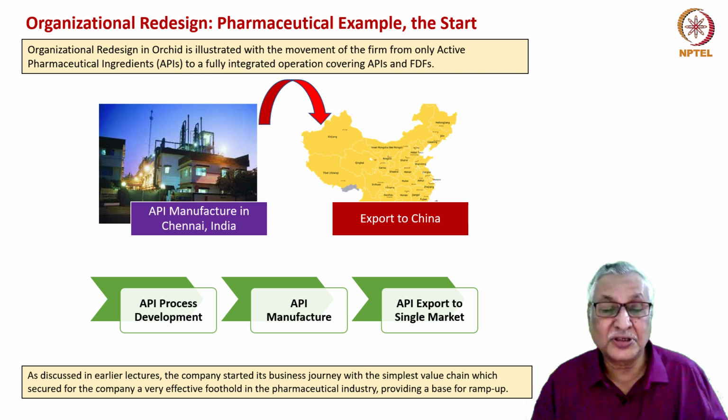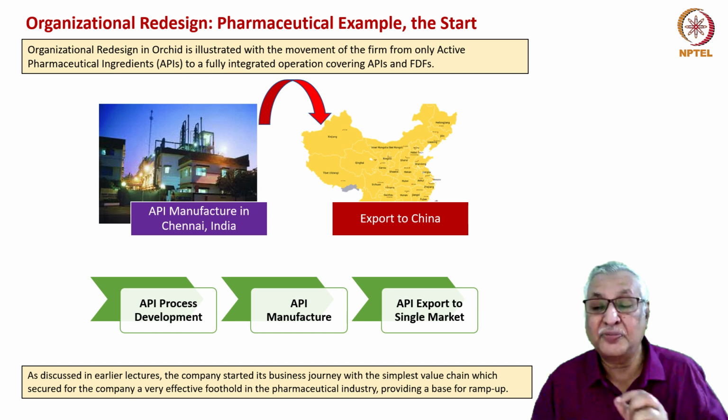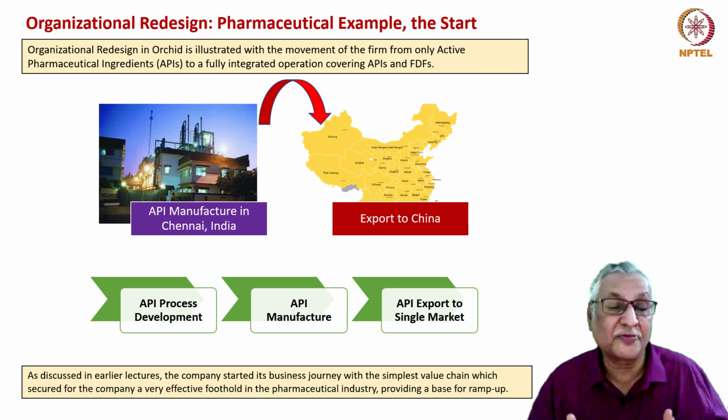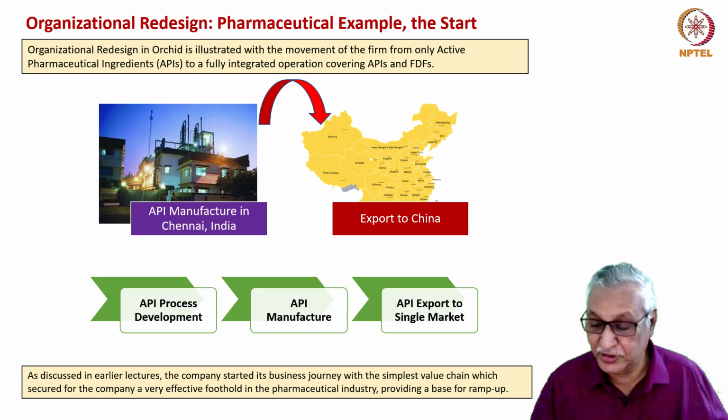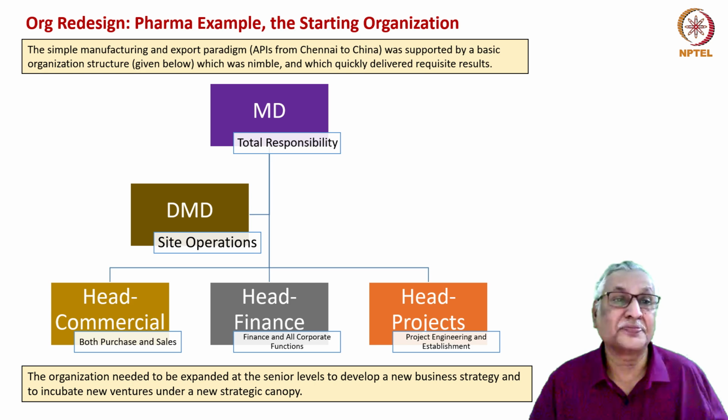API process development, API manufacture, and API export to a single market were, of course, the core basic foundations. However, this simple value chain has been transformed into a huge value map, so to say, for the company. And the foothold that was originally brought in with the simple value chain became a global presence with a modified and expansive strategic script for the company.